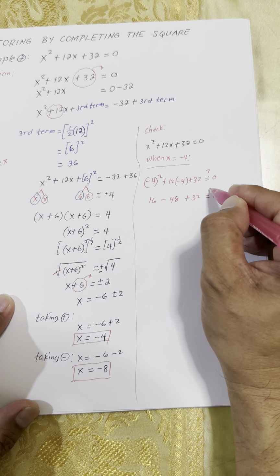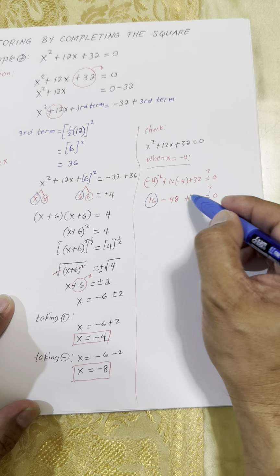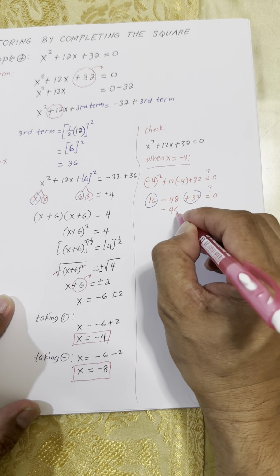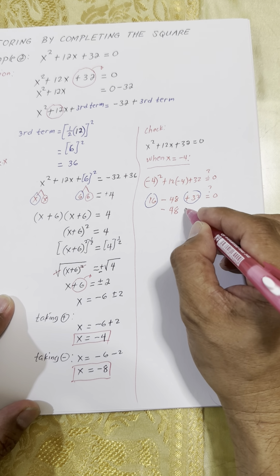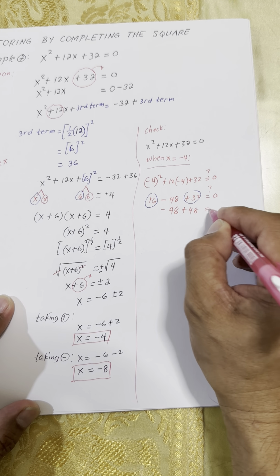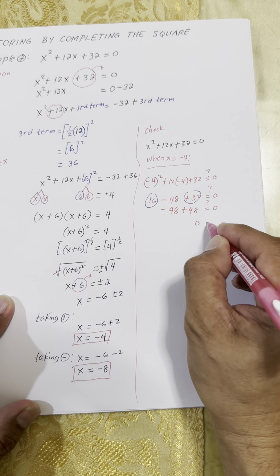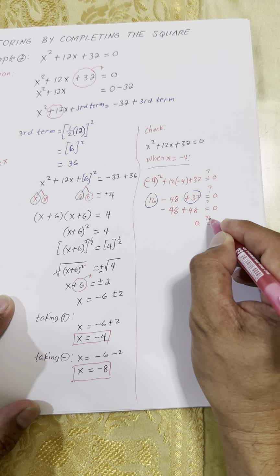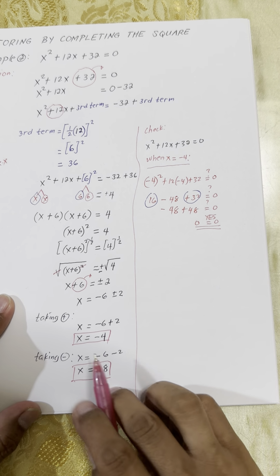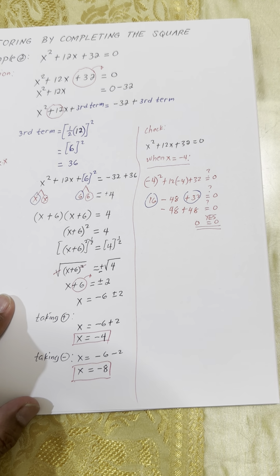Combining the positive numbers, 16 plus 32 is positive 48. Minus 48 plus 48 is 0, so 0 equals 0. Yes, both sides are equal. Therefore, our answer x equal to minus 4 is correct, a solution to the given equation.